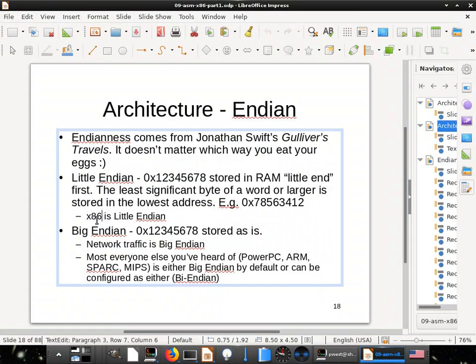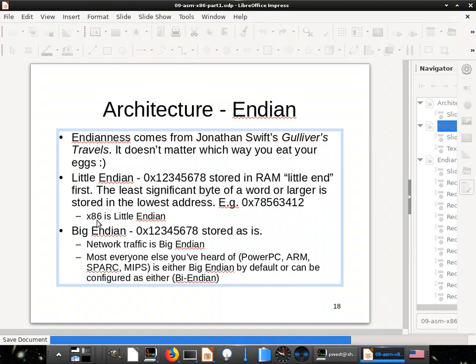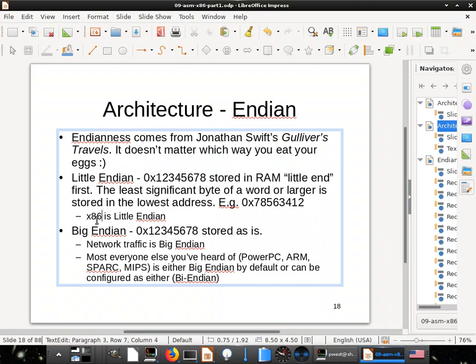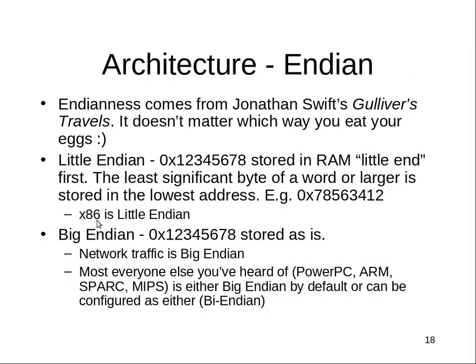The reason why the slide is wrong is because Intel has come up with other architectures besides little endian, like the Itanium, which is a little different, but whatever. x86 is little endian, and this is the way you think about storing numbers naturally. The least significant byte of a word or larger is stored at the lowest address. Big endian has it the other way around. Basically x86 did little endian, which is the intuitive way, and everyone else decided to go big endian because that's the way networks decided to do it.